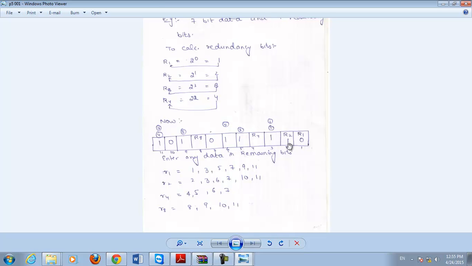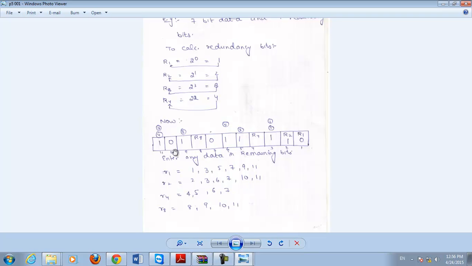Similarly for R2, you have to calculate the parity, that is even parity or odd parity. For R2, you have to take 2 and 3. So 2 we skip because it is the redundancy bit. At the 3rd position there is 1. At the 6th position there is 1, which is the second one. At the 7th position there is 0, so we do not count it in the parity.